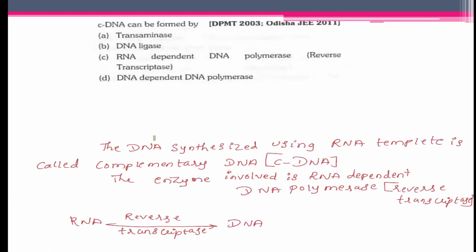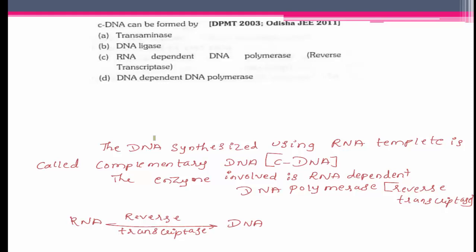Then, cDNA can be formed by, what is cDNA? Later I will go. Transaminase, DNA ligase, RNA dependent DNA polymerase, that is reverse transcriptase, DNA dependent RNA polymerase. So what is cDNA?